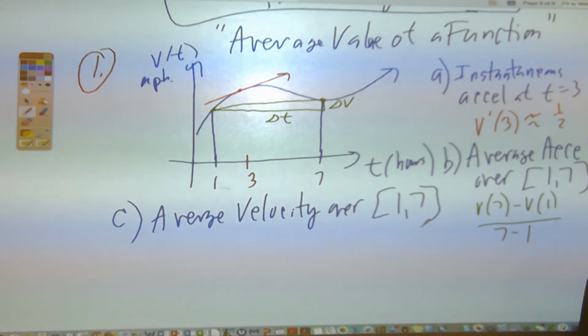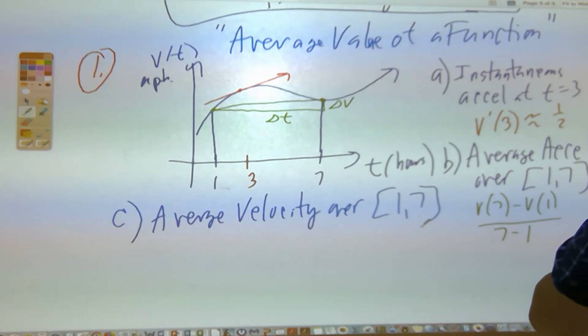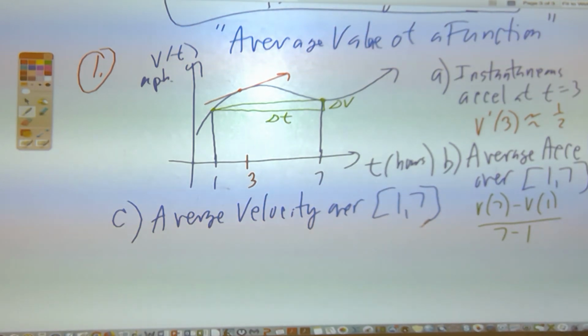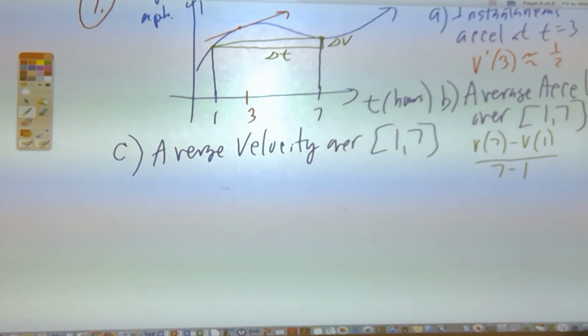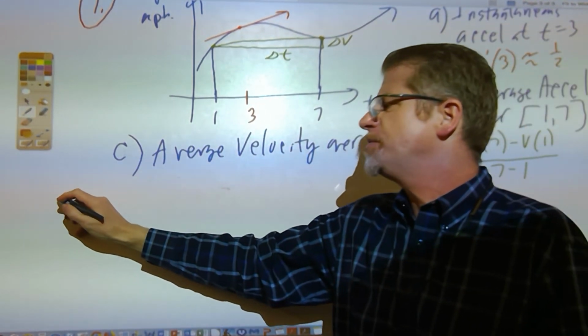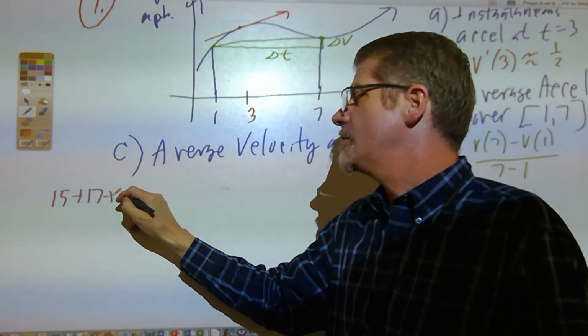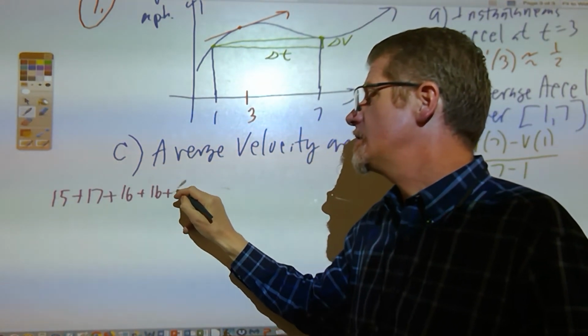What would you do to find the average velocity when the velocity function is given? I mean, think about it. When in the past, in your life, you've been asked to average things, like what's the average height of those 5 people, or the average age? This person's 15, here's a 17-year-old, 16, 16, and a 12-year-old.